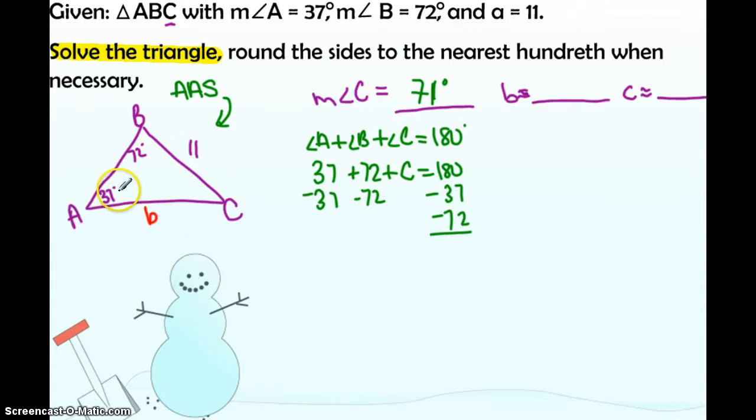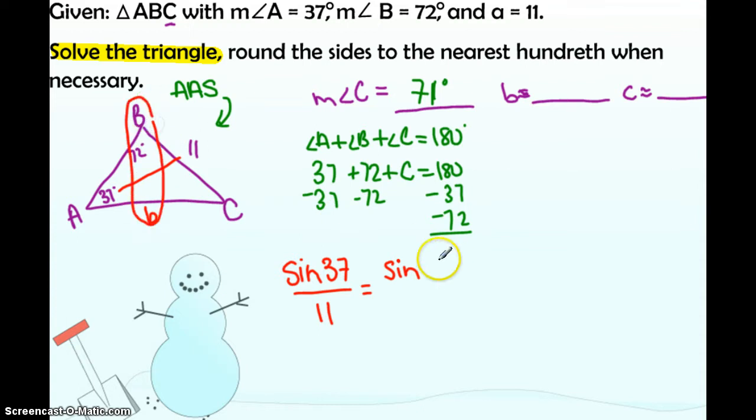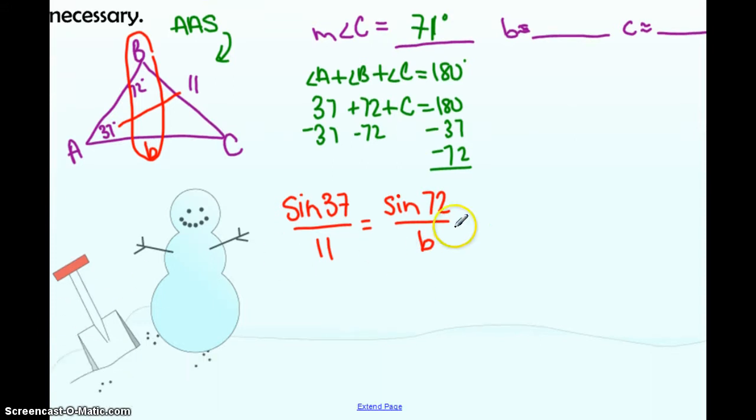For the law of sines, we're going to look at the ratio. We're going to take the sine of 37, and its opposite side length is 11. And we're going to set that ratio equal to the sine of my angle B, 72, over little b, because we're solving for the side length.